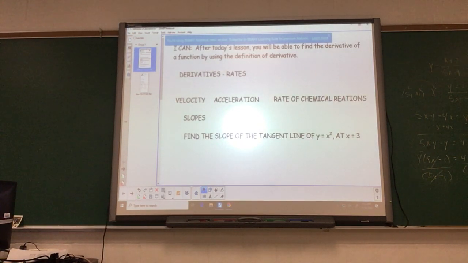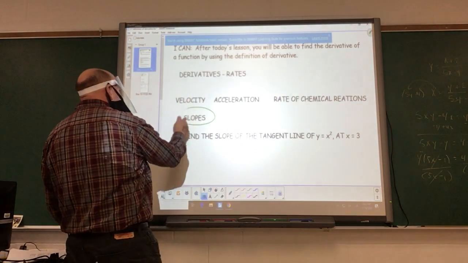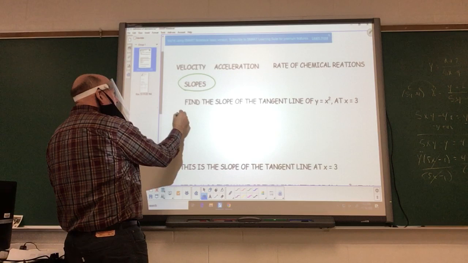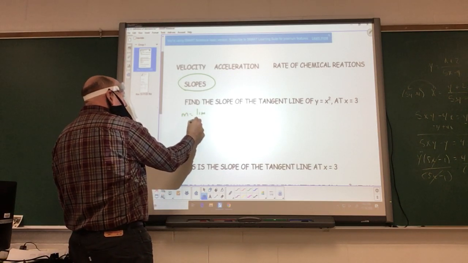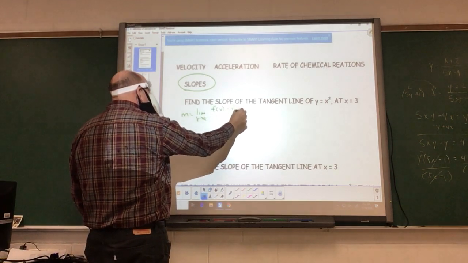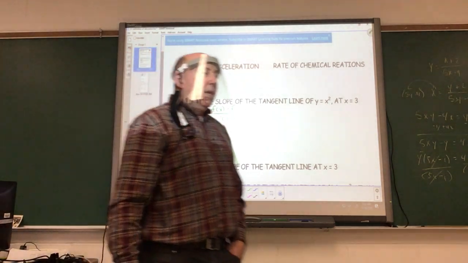All I asked you to do was determine the slope of the tangent line of y equals x squared at x equals 3. Well, slopes are up here in the categories of derivatives. So if we remember back to our slope of the tangent line, how do we determine the slope of a tangent line?